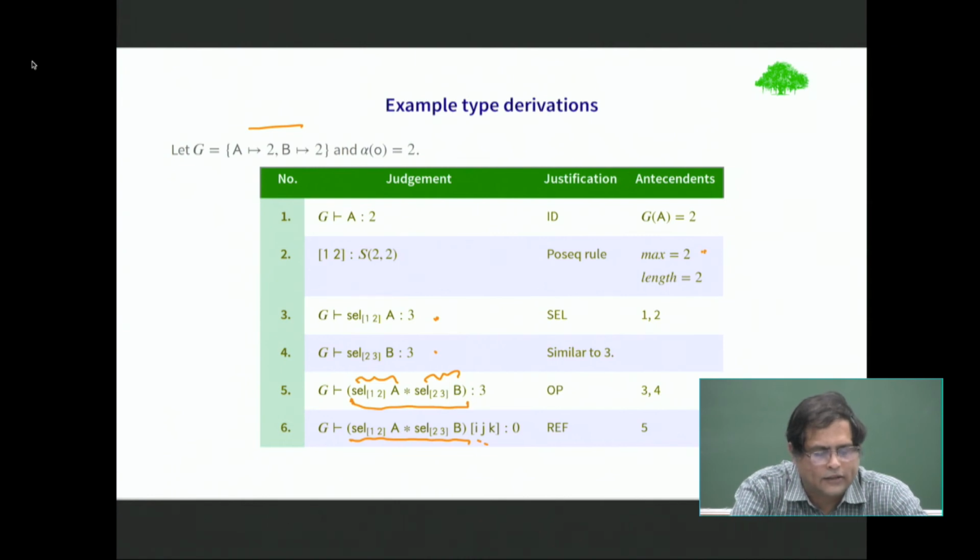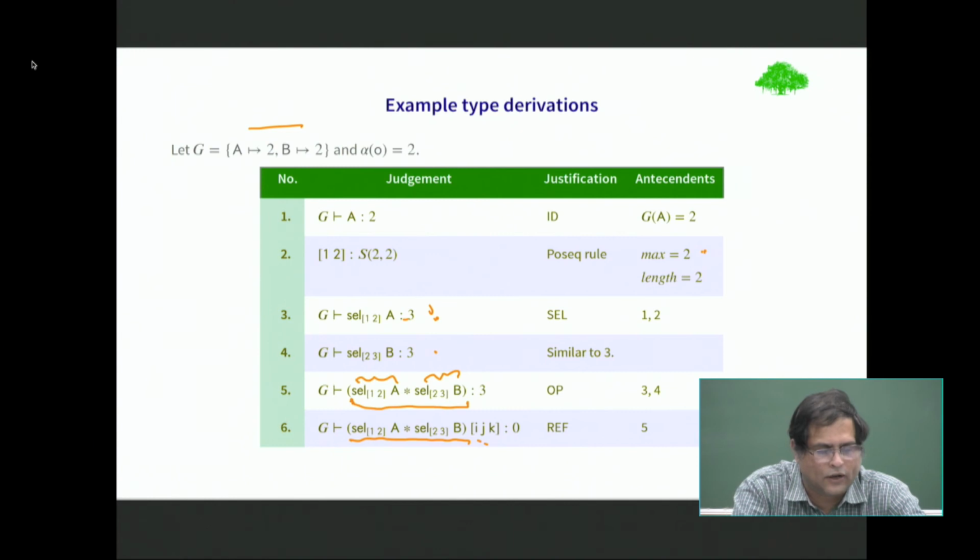When you apply the selector to a, remember what you're getting back is another array function that can take at least 2 index variables, which means it can take 3 as well. So we put the judgment 3, which is sound with respect to this type system, which is valid, and then we work out the proof.